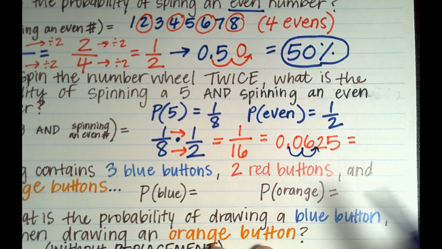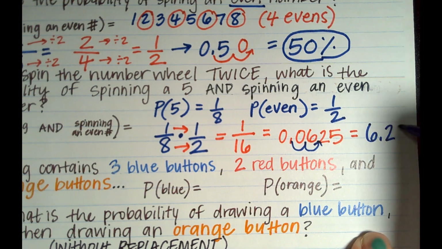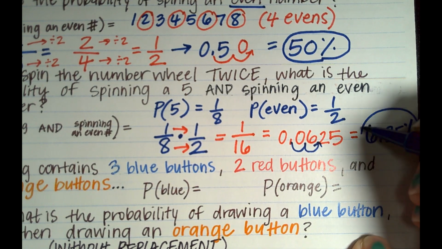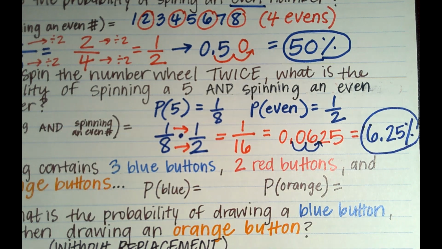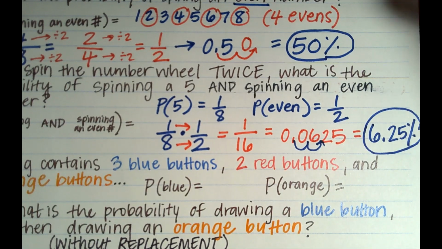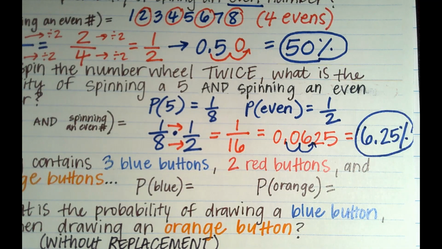That puts my decimal in between the 6 and the 2. So I'll get 6.25%. All right. So we have found the probability of two different things, and then we found the probability of them both happening together. Independent events.